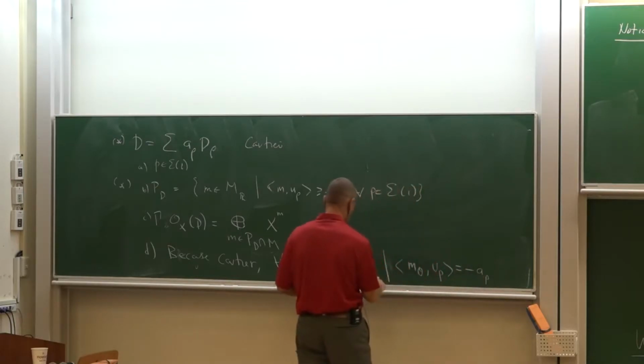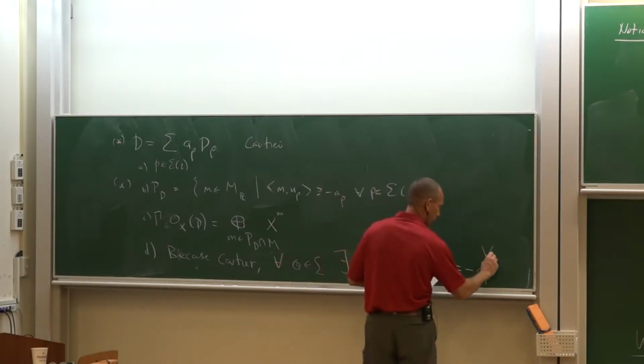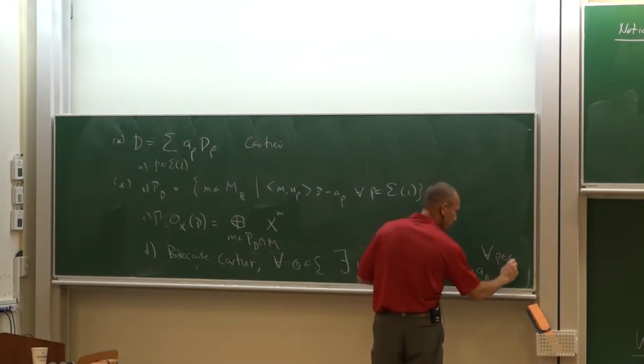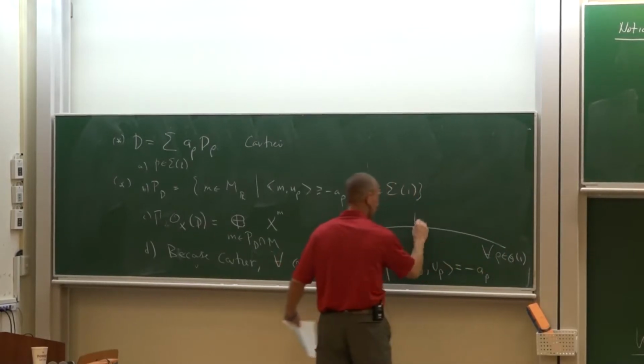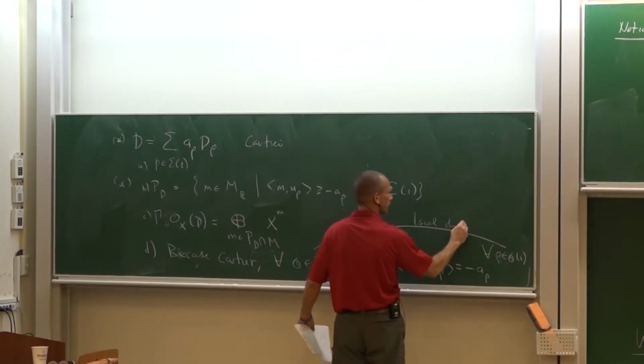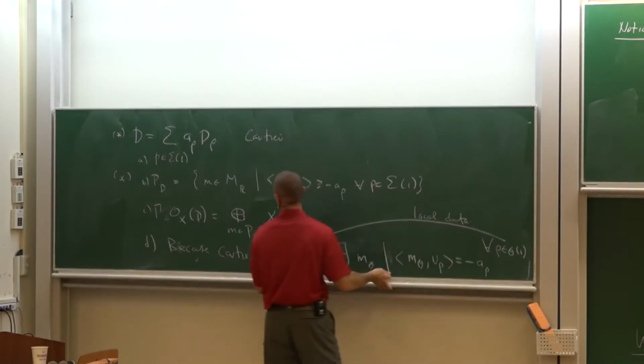And this is on a particular sigma, for all rho in sigma(1). This is what we call local data.